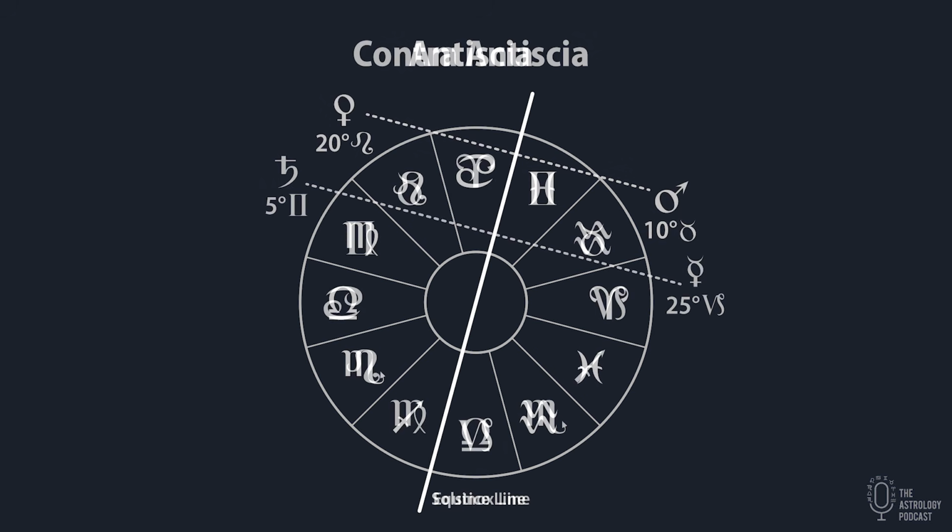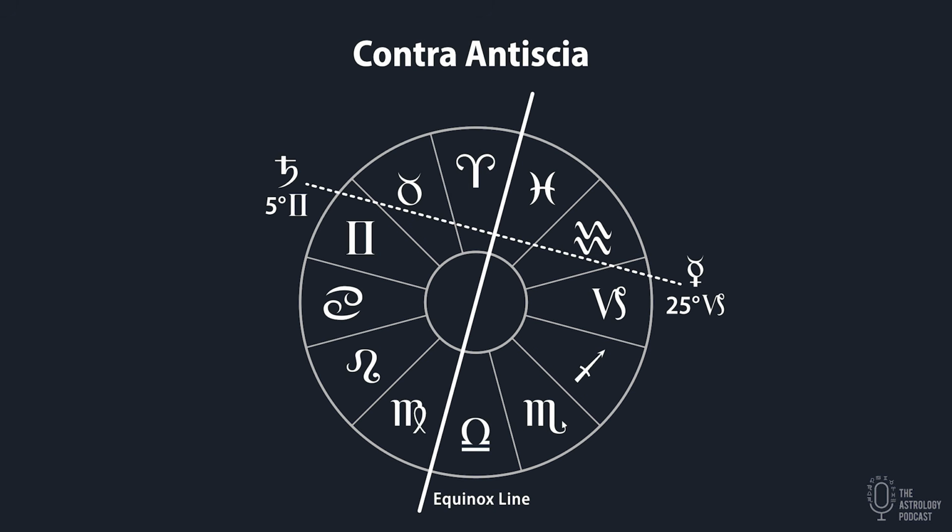Or you have contra-antiscia, which focuses instead on the equinoxes rather than the solstices. So you have the spring equinox in Aries in the tropical zodiac, which is the first day of spring, at 0 degrees of Aries. And if you had, let's say, Mercury at 25 degrees of Capricorn and Saturn at 5 degrees of Gemini, those would be considered to be in a contra-antiscia, especially by sign, relative to the spring equinox.